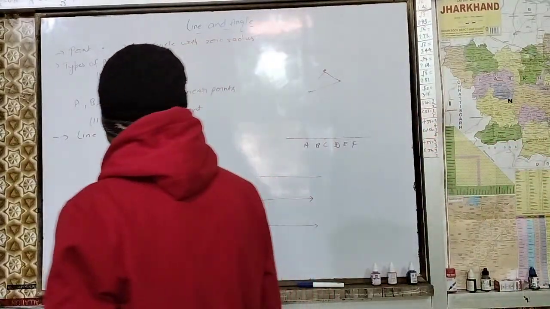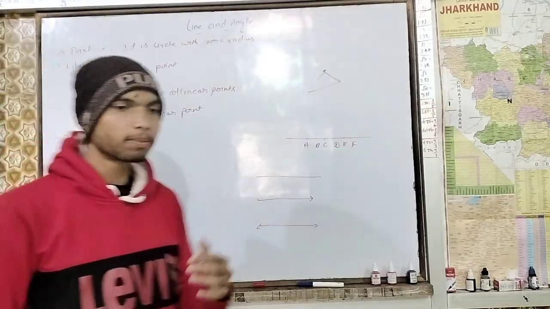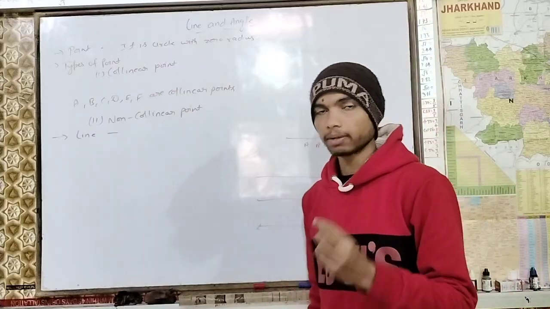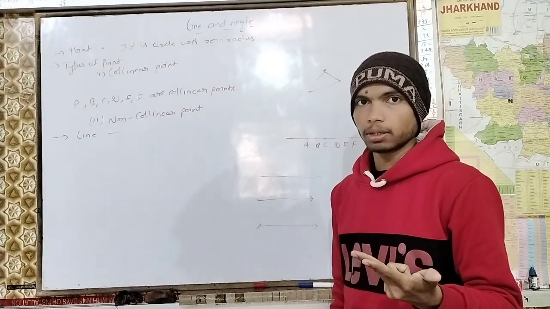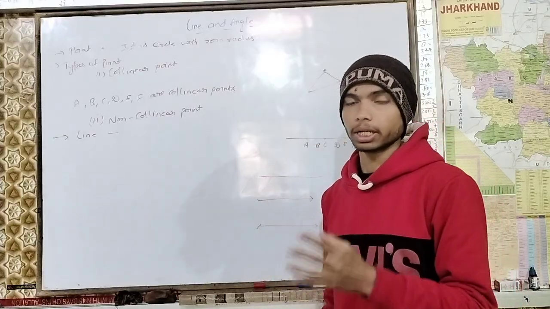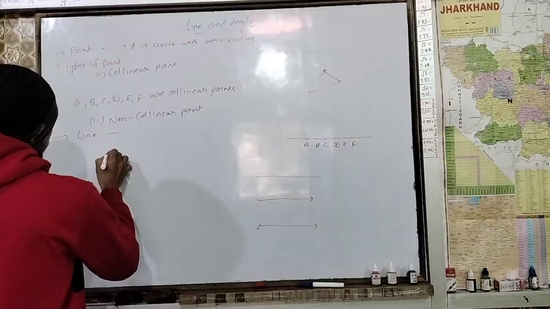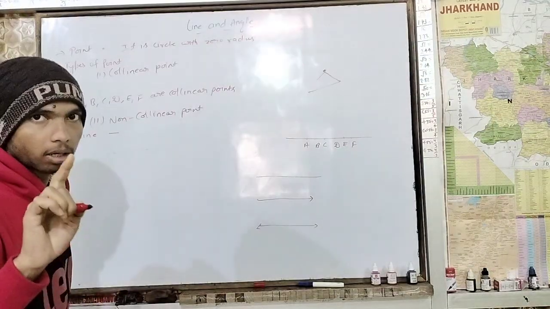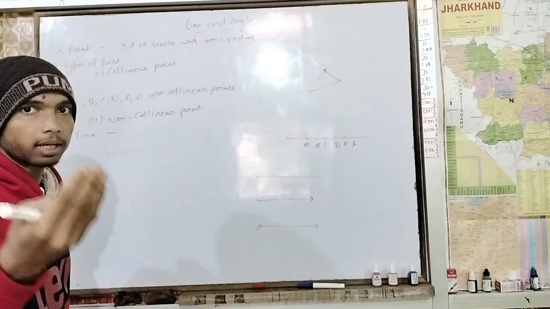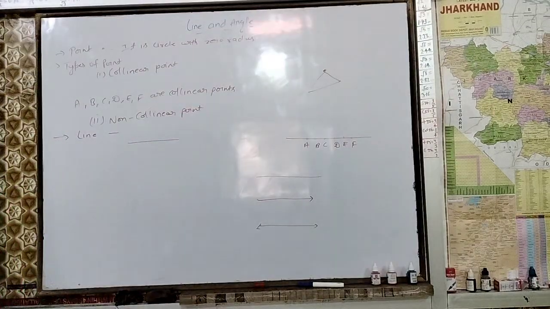It explains itself by saying a line is made of a lot of points with a length. There is no end. All these points will make a line. This line we are talking about.